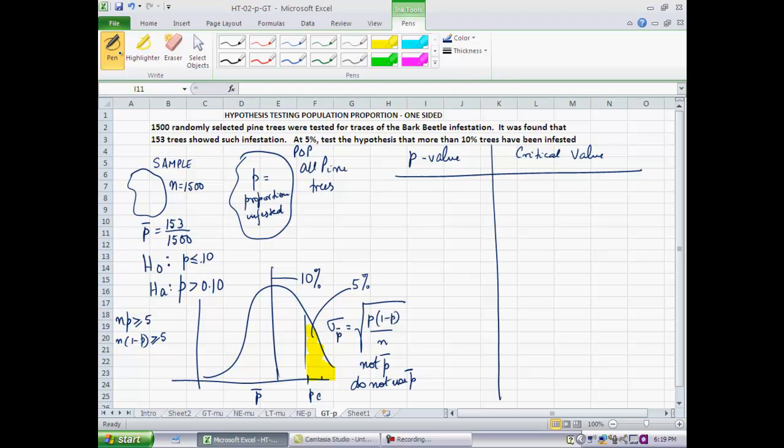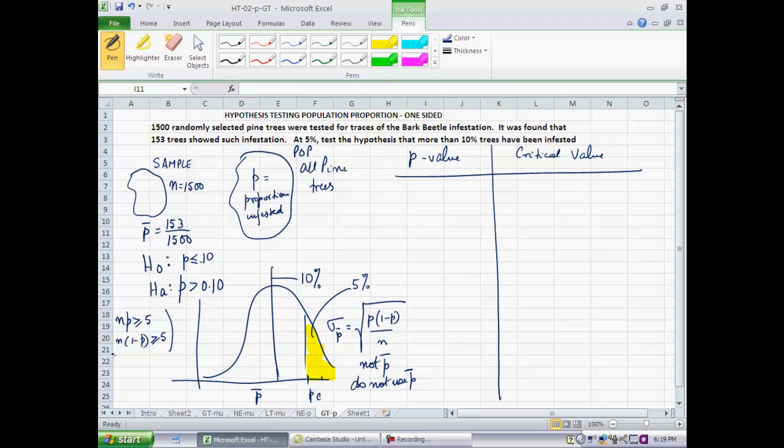Now we can check whether the sample is large. We would check n times P greater than or equal to 5. In other words, 10% multiplied by 1500 is definitely greater than or equal to 5. And then n times 1 minus P is 90%, and 90% times 1500 is definitely more than 5. So these two conditions being met, I know that I'm safe in assuming that P bar is normally distributed.